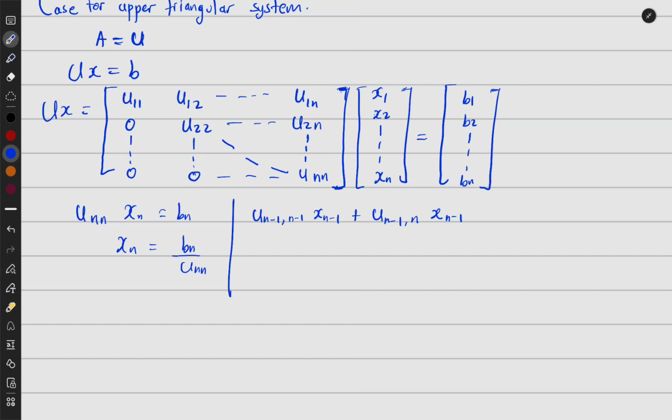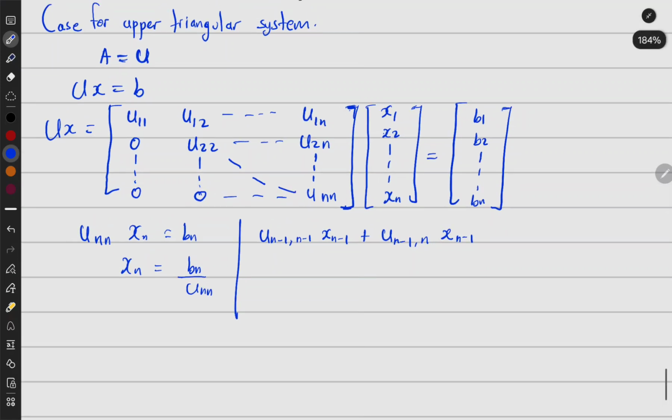Okay, it's confusing me a little bit. So this is supposed to be U n minus 1, n. The column is n. This will be xn. So this is equal to bn minus 1.